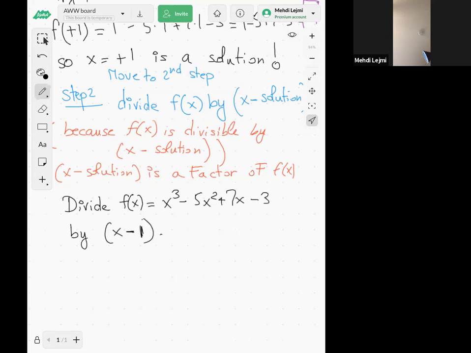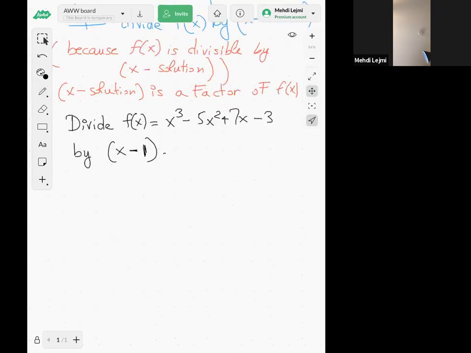This is just division of polynomials, so we know how to do that. In the first column, first row, we put c. This is x minus c. Remember, c should be the opposite. Here it's x minus 1, so my c is positive 1.